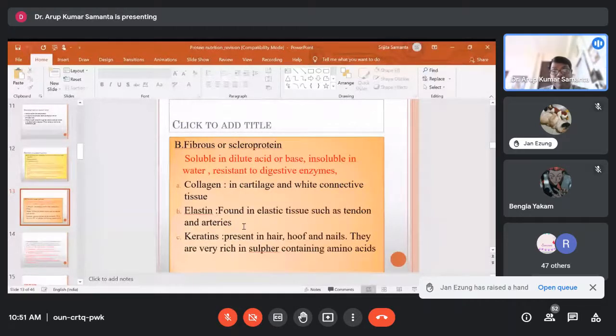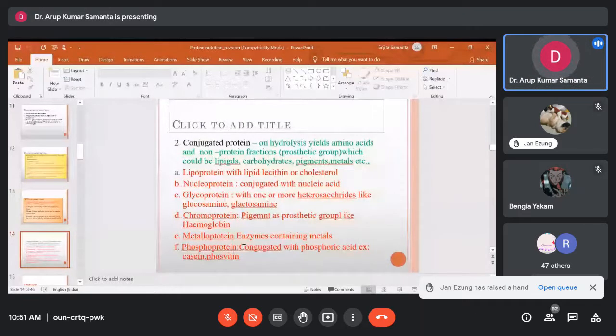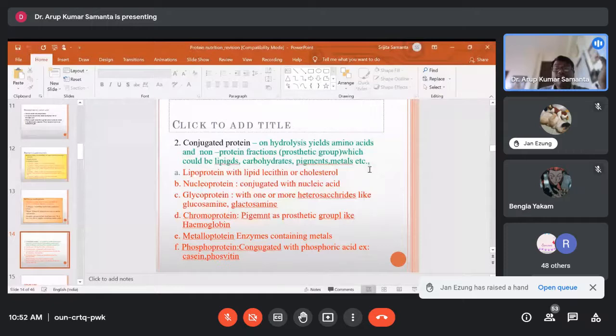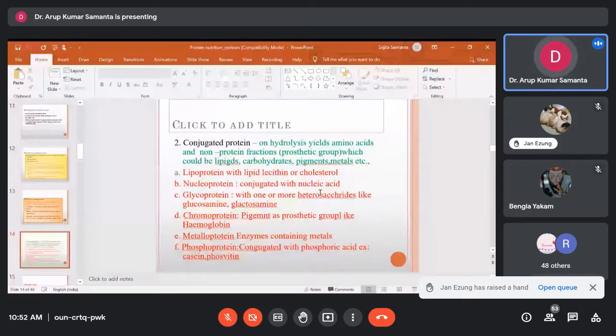Then conjugated protein. On hydrolysis, conjugated proteins produce amino acids plus a non-protein fraction known as the prosthetic group. Based on the prosthetic group, there are several conjugated proteins. One is nucleoprotein, conjugated to nucleic acid. Metalloproteins have metals as an integral component.